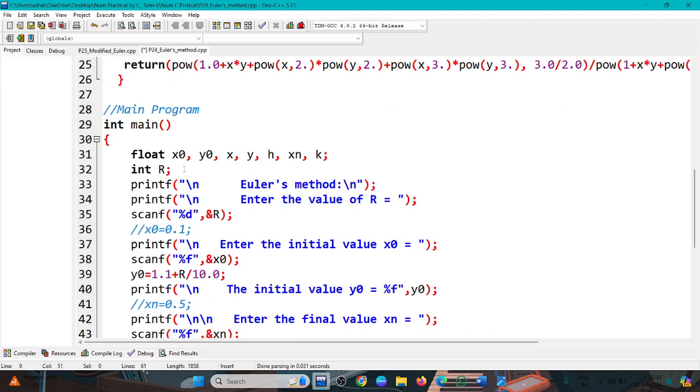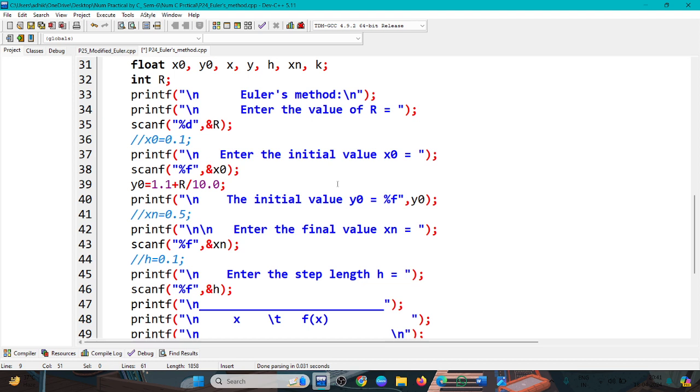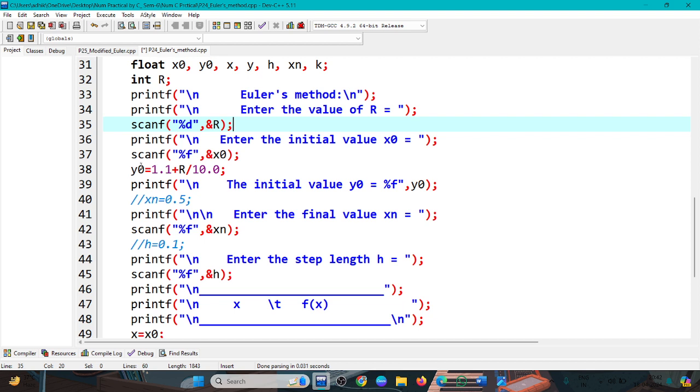Here the floating variables are x0, y0, the initial value of x, initial value of y, and x, y, h is the step length, xn is the last value of x, and k is some float variable, and this integer variable r, the last digit of your roll number. Enter the value of r. Here x0 equal to 0.1 is given in this question, enter the initial value of x0 and scanf, this is the x0. And the corresponding y0 equal to the initial value of y, this 1.1 + r/10.